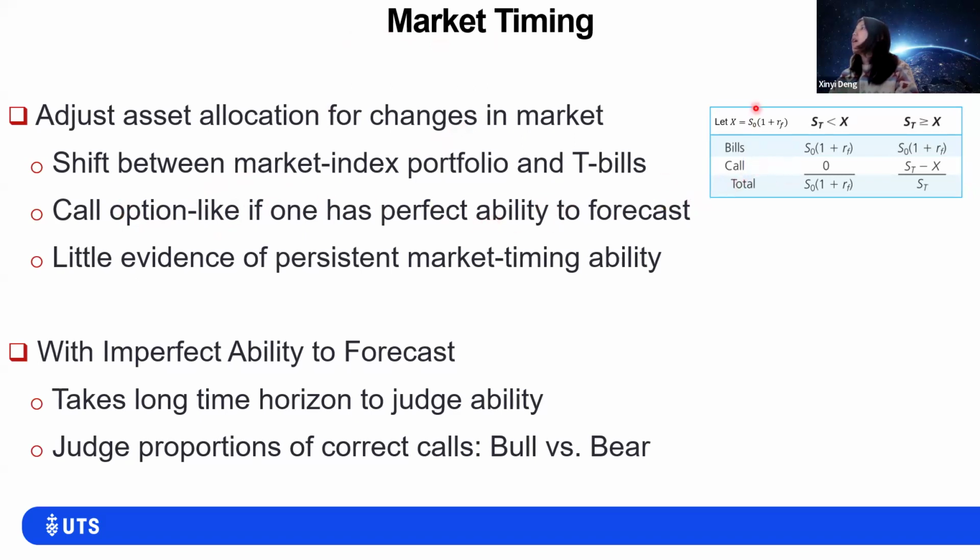In this example, where this portfolio manager has a perfect ability to forecast, if we look at the payoff of this manager who can do perfect forecasting, then we know that each year, if the market index value at the end of the year, denoted as ST, is smaller than S0 times 1 plus RF, which we also denote as X, then the manager with perfect foresight will choose to stick with the risk-free asset, because the risk-free asset will pay more than the market index portfolio.